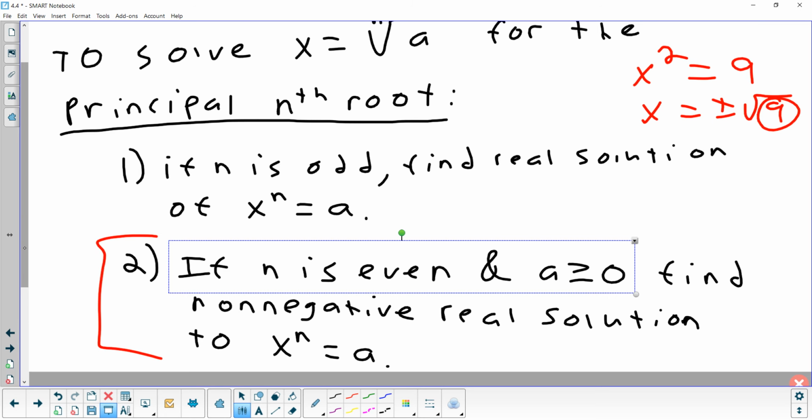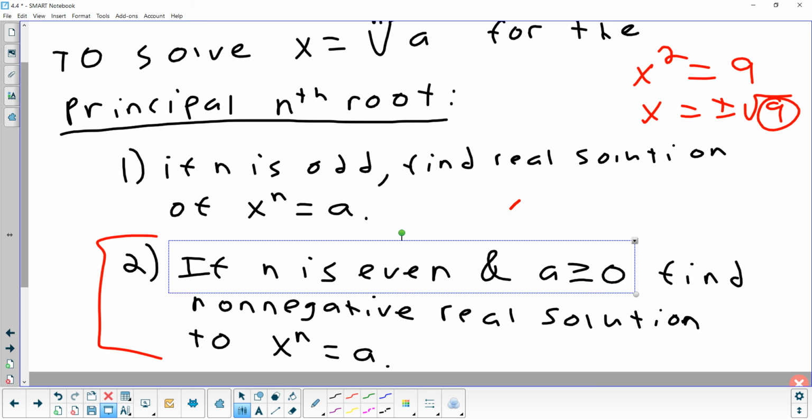In other words, if I said find the principal square root of 16, the answer I'm looking for is 4. If I said to find the principal square root of 25, the answer I'm looking for is 5.